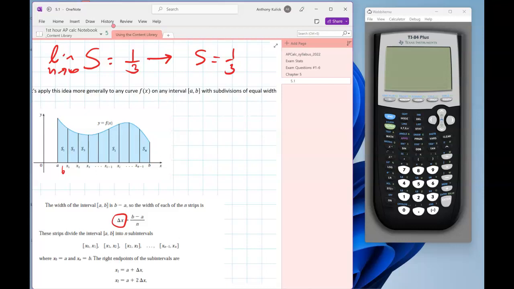So the change in x, which is basically the base of our rectangle that we're going to be building, is just going to be the total distance from b to a, so b minus a, divided by the number of subdivisions, which would be n, right? If something is 10 units long and we divide it into 20 pieces, each of those pieces is 1/2, right? That's all we're saying.